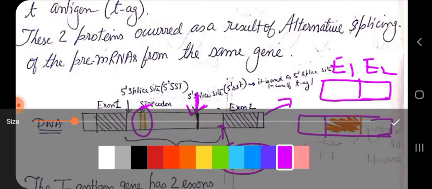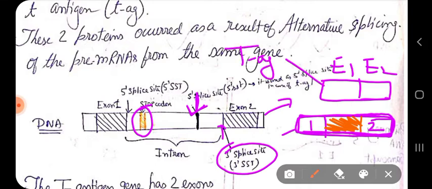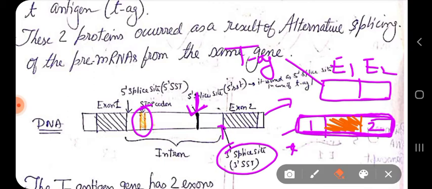Okay, so this is your exon 1, this is your exon 2. But don't think that from this large mRNA we will get a large protein. But why do we say a small t antigen? This will give rise to a large t antigen gene, but this will give rise to a small t antigen gene. Why?